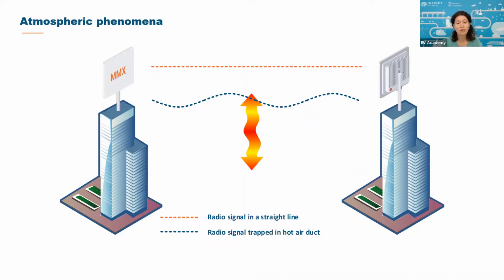However, if the pressure is very high in a certain layer, an increase in temperature will occur, and we will have a warm, dry air over a cold surface. This warm surface will act like a duct and reflect the signal in different directions. In general, the changes in the atmospheric pressure will directly influence the propagation of the electromagnetic waves.